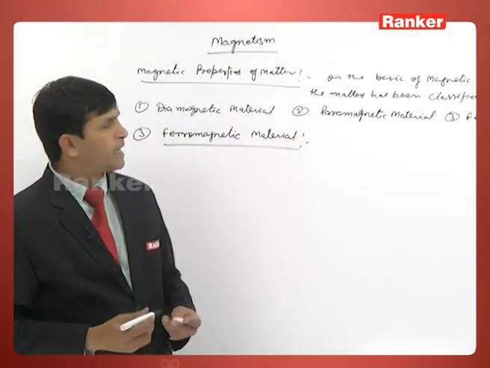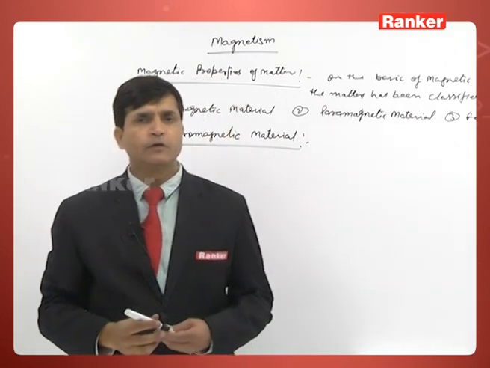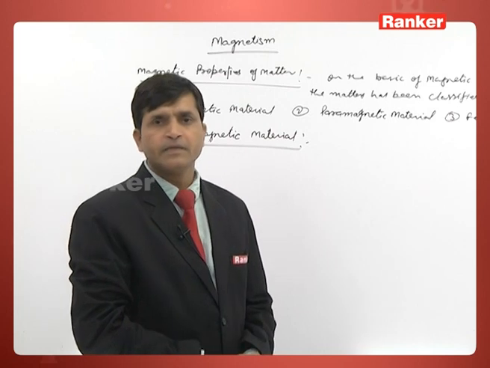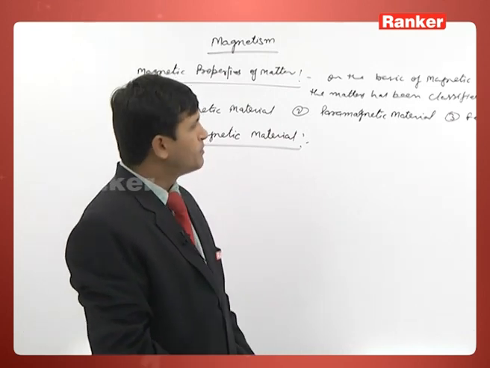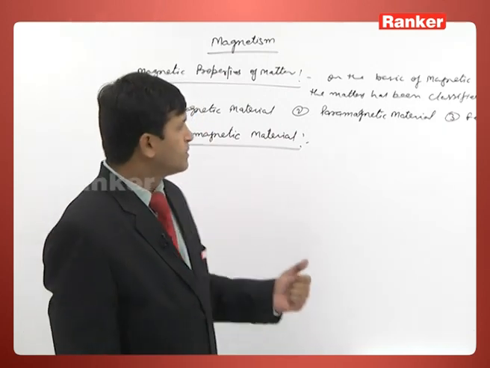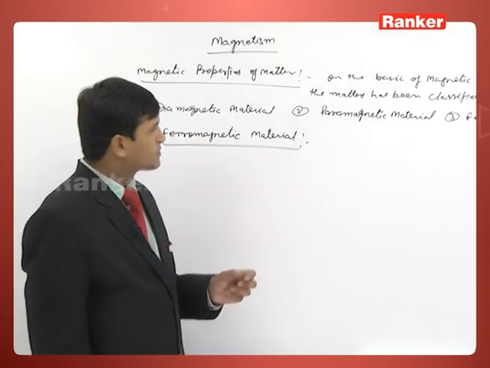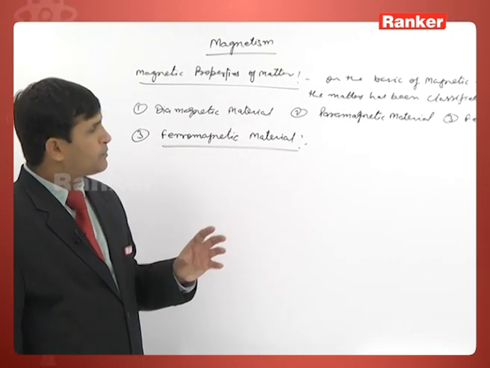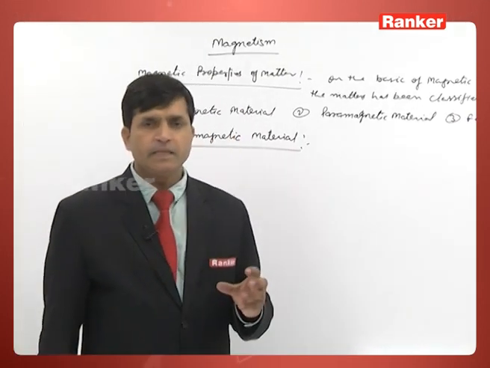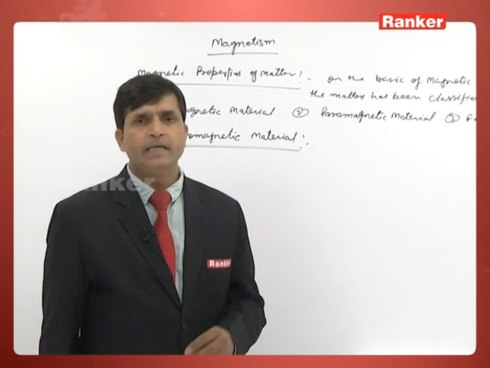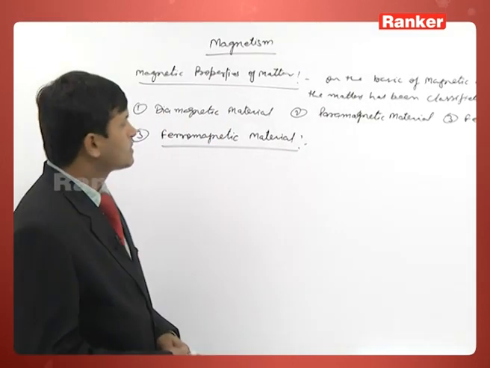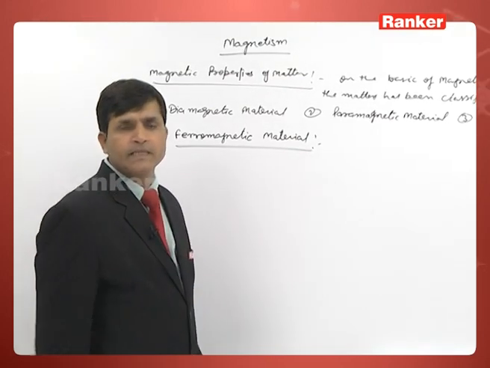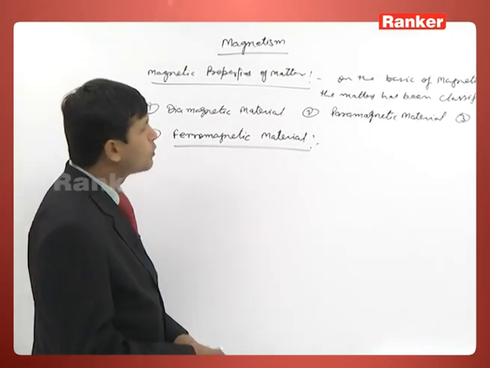So like paramagnetic materials, ferromagnetic material is also made from atoms having permanent magnetic dipole moment, but a small difference is there. When we are looking at ferromagnetic material, in a particular region of the material all atoms are aligned in one direction. So that region for which all atoms are almost aligned in the same direction, those are called domains.